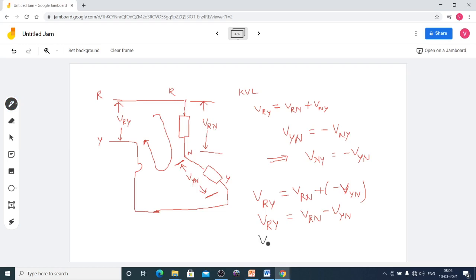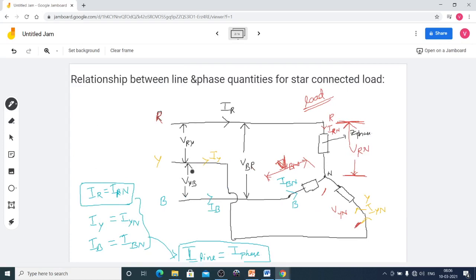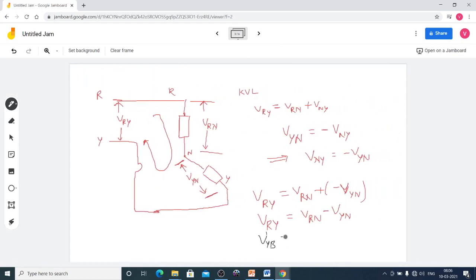The voltage between the Y and B phases, VYB, is equal to VYN minus VBN. In a similar fashion, the voltage between the R and B phases, VBR, is equal to VBN minus VRN. This is the same concept.